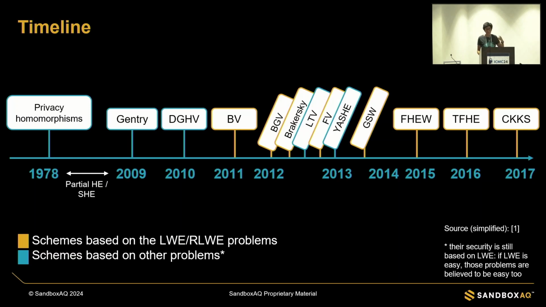For example, starting with the first notion of homomorphic encryption in 1978, we then had somewhat homomorphic encryption schemes until Gentry's publication about bootstrapping, and then we had, and this is only the most relevant schemes, a lot of schemes with different properties, and the latest ones that were published were, for example, TFHE and CKKS. And they all rely on different assumptions, but basically all the assumptions, at the end, rely on LWE.